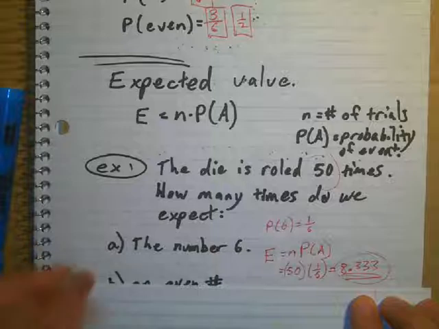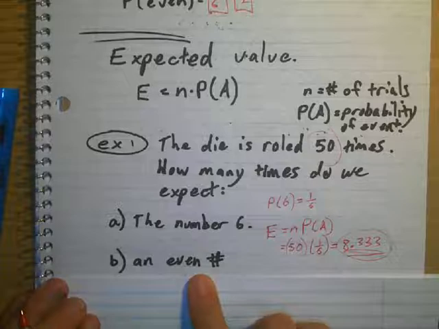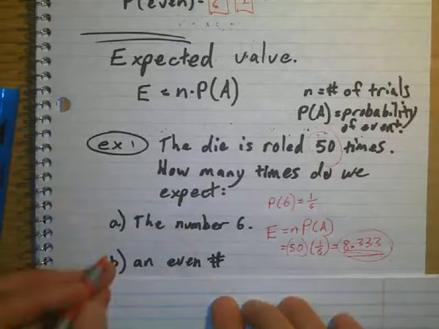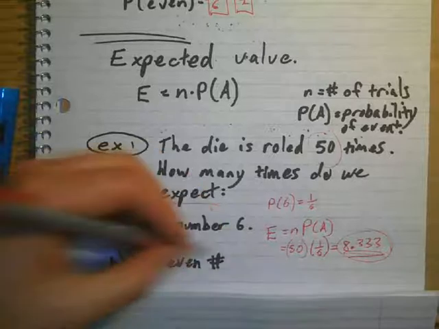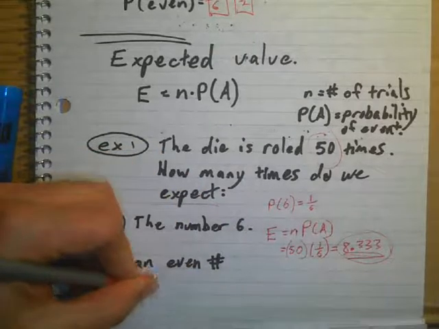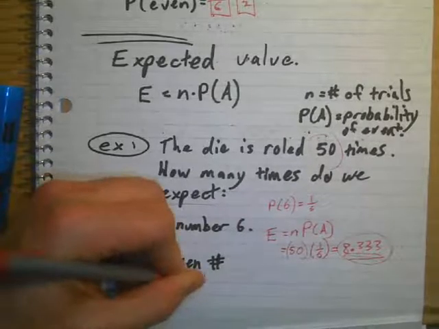Okay, so what about the probability of getting an even number? Or what's the expected number of times we're going to get an even number? Well, the probability of getting an even is 1/2, right?